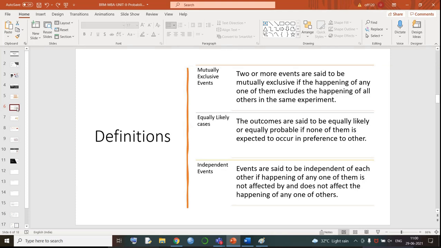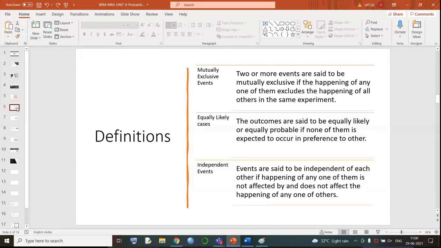Now, equally likely cases. Equally likely cases means what? Let us take the same example once again. Now, what is the probability of getting head? It is 1 by 2. Tail is also 1 by 2. That means both the probabilities are equal? Yes, of course. Now, if 60 people are there, what is the probability of each and every person? 1 by 60, 1 by 60, 1 by 60. Every person is having the same probability. No other person is having more probability. That means not 2 by 60, 3 by 60.